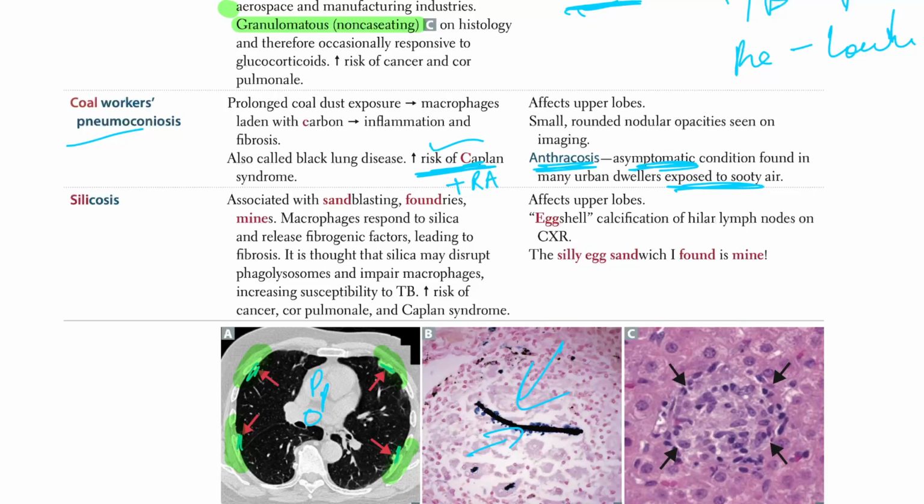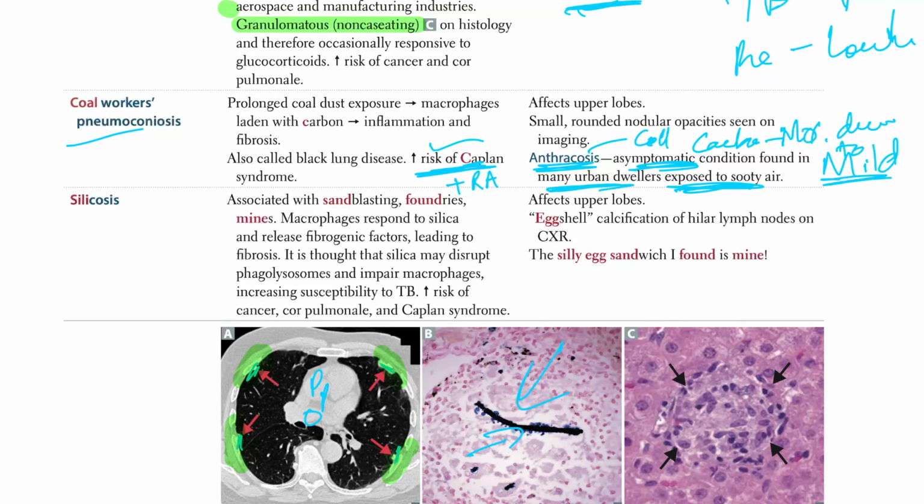Anthracosis is someone who gets exposed to that sooty air and develops an asymptomatic condition found in many urban dwellers exposed to sooty air. So it's sort of a mild form. Anthracosis is the collection of carbon-laden macrophages due to mild exposure. The important word is mild. Why?